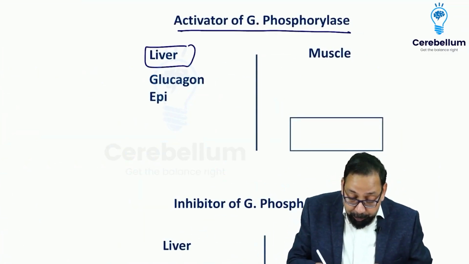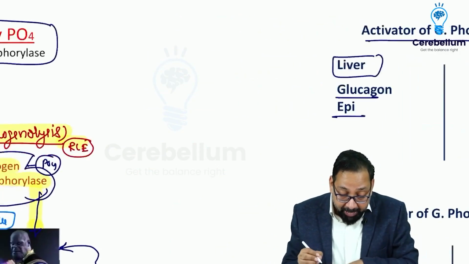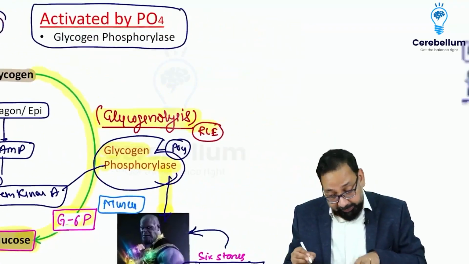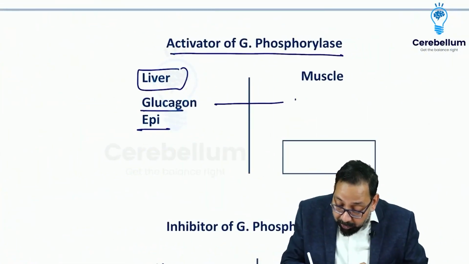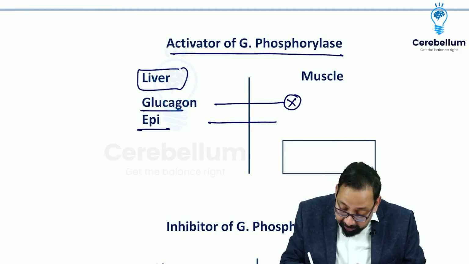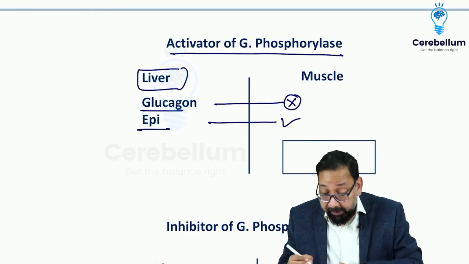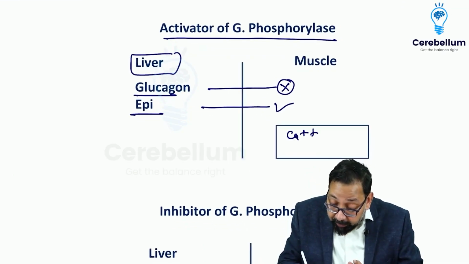Now the activators of glycogen phosphorylase. In liver, I told you glucagon and epinephrine increase cyclic AMP and activate glycogen phosphorylase. But in muscle, glucagon is not an activator of glycogen phosphorylase. Epinephrine is an activator. In muscle, there is one more activator, that is calcium. Nature is very wise.